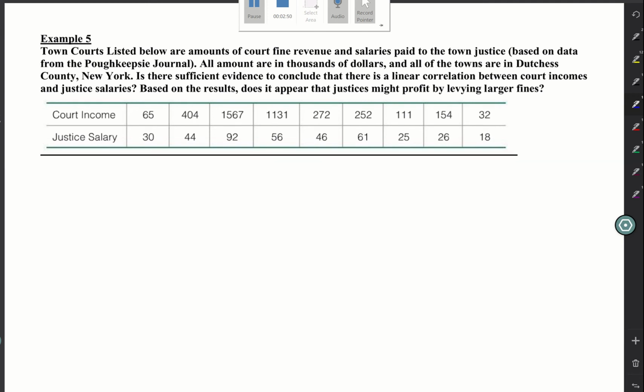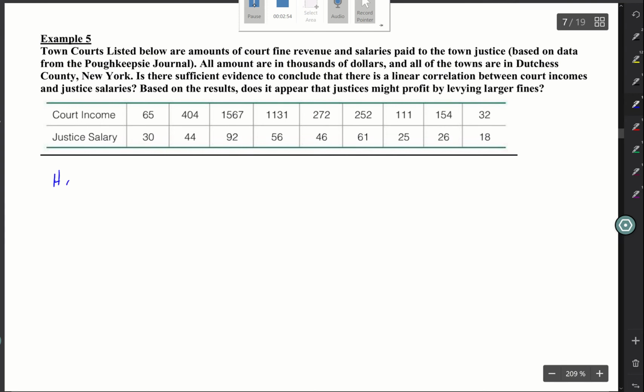All right, so I'm going to create my hypotheses. For the first one, every time we're going to say rho equals 0, or if you want to say no correlation, that's fine. And then my alternative is that rho does not equal 0 and there is a linear correlation.